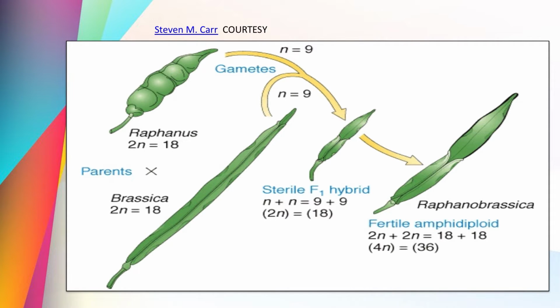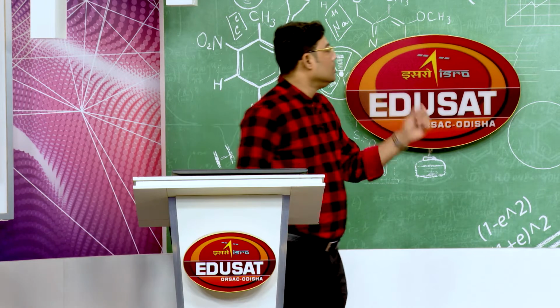From Brassica we can take pollen grains and put them on the stigma of Raphanus flowers. So Raphanus and Brassica are the two parental plants taken for this breeding program, and the result is this Raphanobrassica.